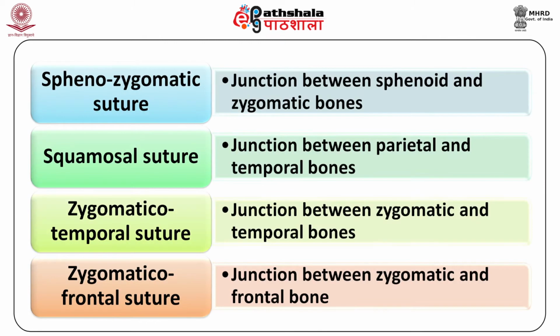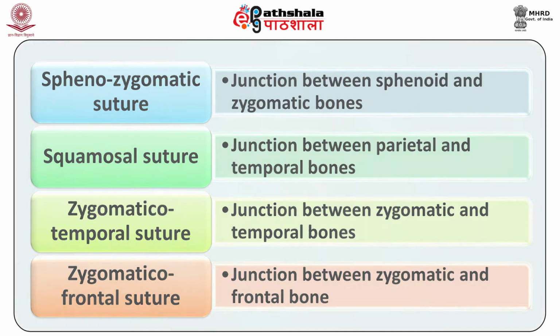The sphenozygomatic suture, junction between the sphenoid and zygomatic bones. Then the squamosal suture, that is the junction between the parietal and temporal bones. Then the zygomaticotemporal suture, junction between the zygomatic and temporal bones. And then the zygomaticofrontal suture, that is the junction between the zygomatic and frontal bones.